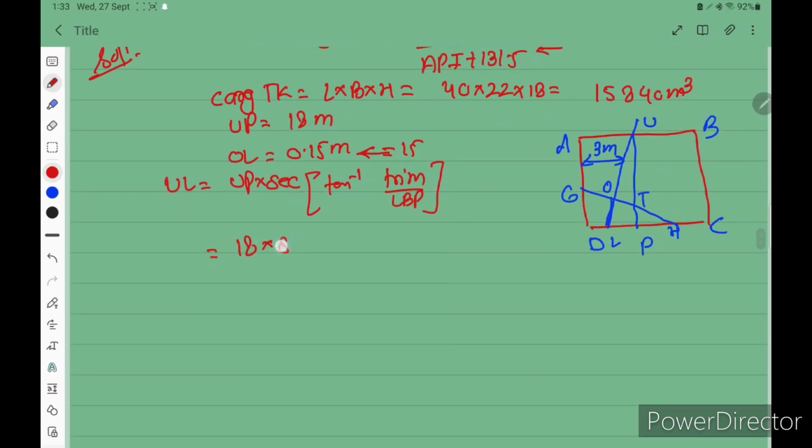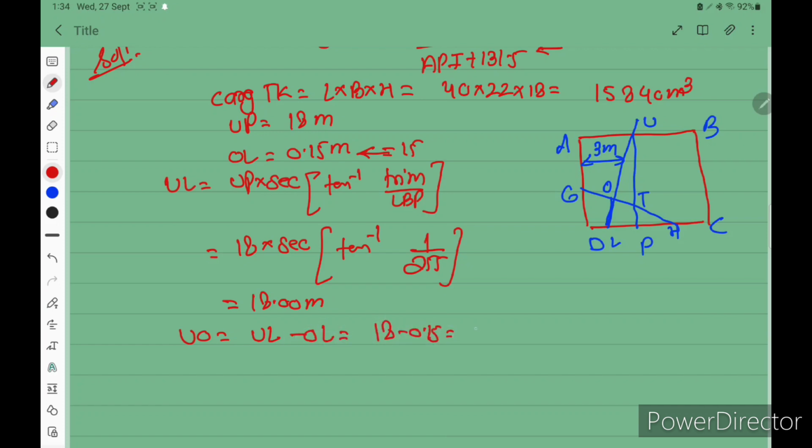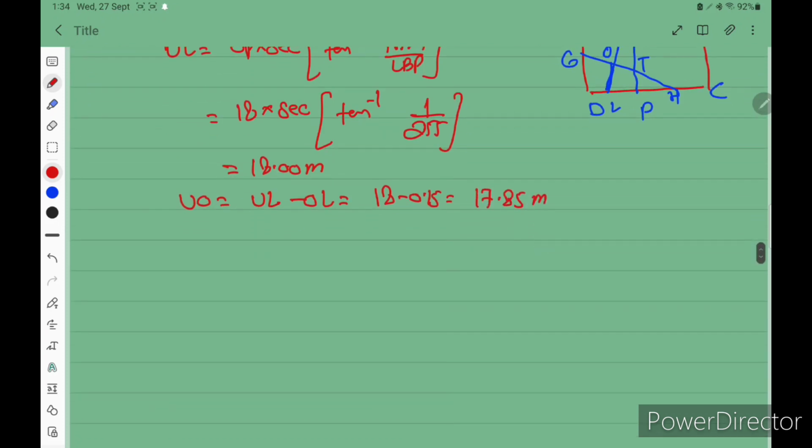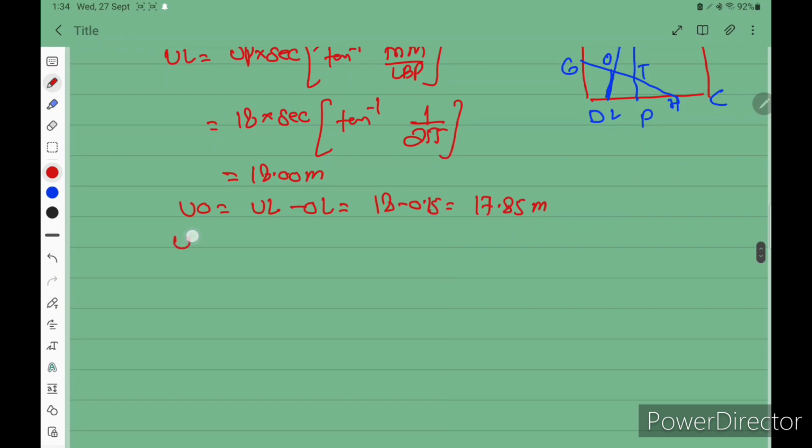Put the value 18 into sec tan inverse 1 upon LBP 255, so we get 18. Now UO is equal to UL minus OL is equal to 18 minus 0.15 is equal to 17.85 meter.